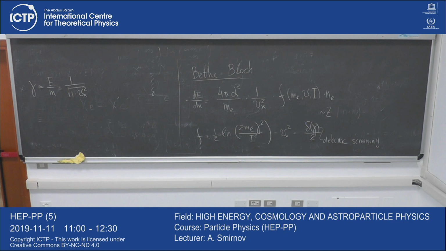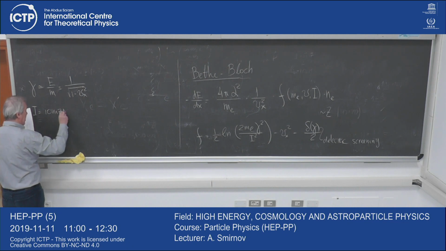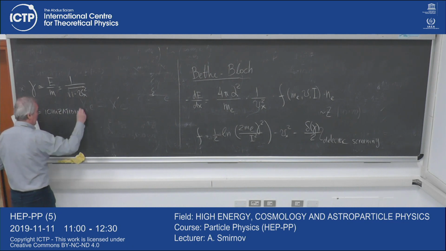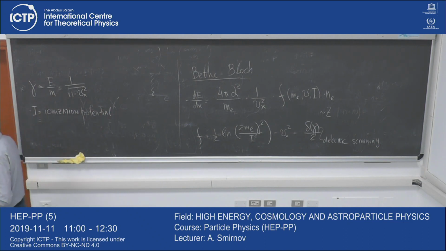Now, as I said already, I is the ionization potential, which depends, of course, on the atom type, what Z is, what the atom is, and this is essentially the energy which is needed to ionize the atom. Now, m_e is the electron mass.